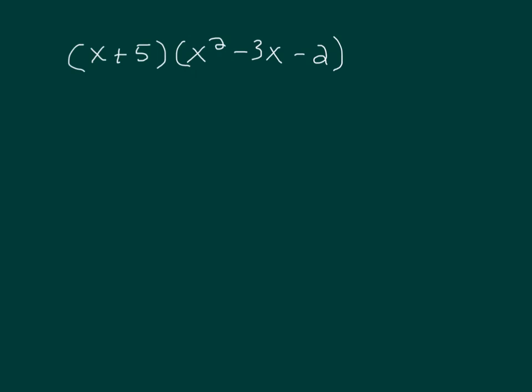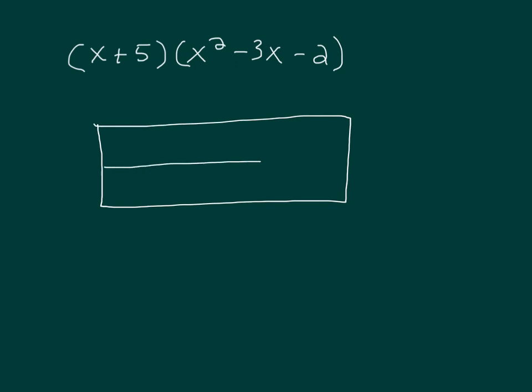When I had a binomial times a binomial, I used a 2 by 2 square. But now that it's a binomial times a trinomial, I'm going to use a 2 by 3 rectangle. And so this is going to give me the opportunity to put my information where it needs to go. You'll notice that now I have to make sure that I put everything in the right spot.